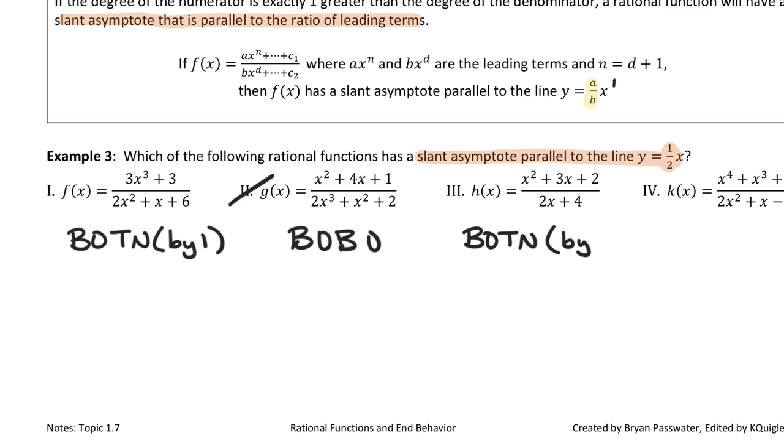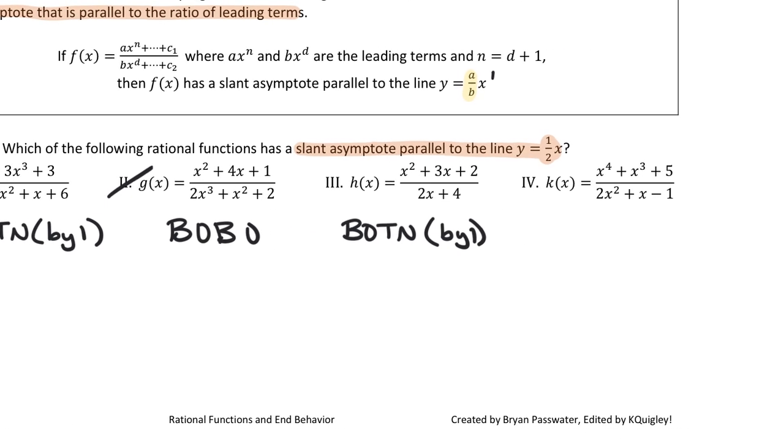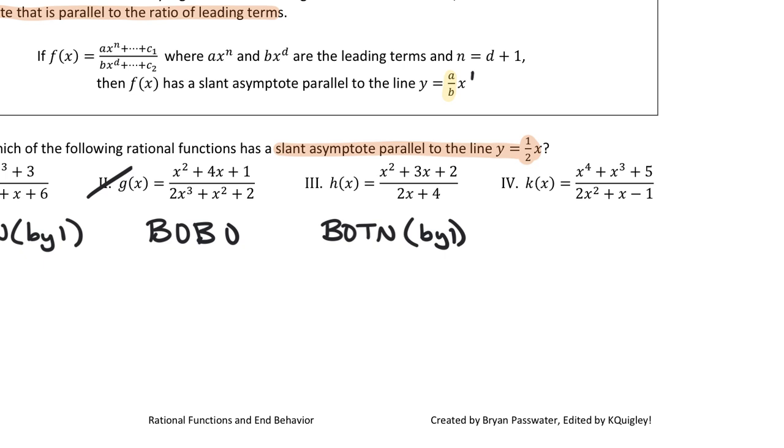By 1, because it's 2 on top, 1 on bottom. So it's bigger on top by 1. We'll hang on to that one. Number 4. It's bigger on top, but by how many? Is that going to have a slant asymptote? No, get rid of it. Only bigger on top by 1 has a slant asymptote. They have difficult end behaviors, but these are the only 2 that have slant asymptotes.